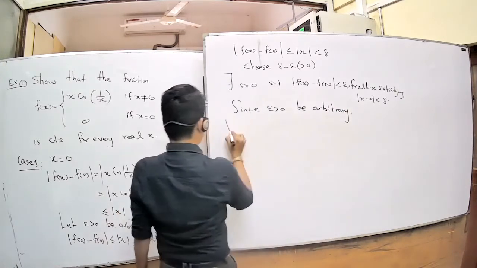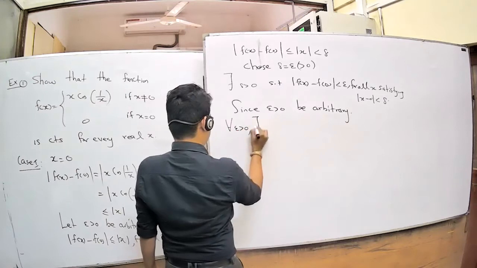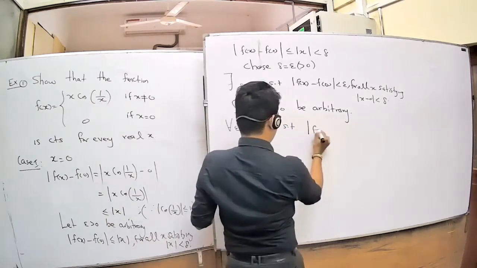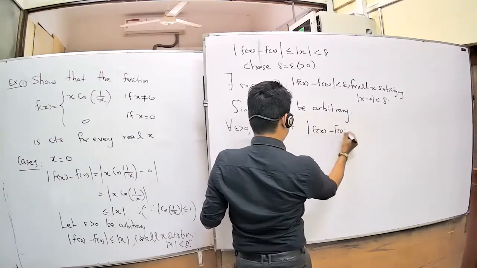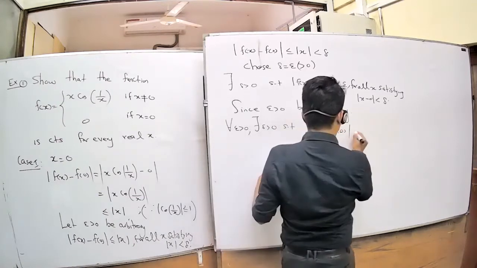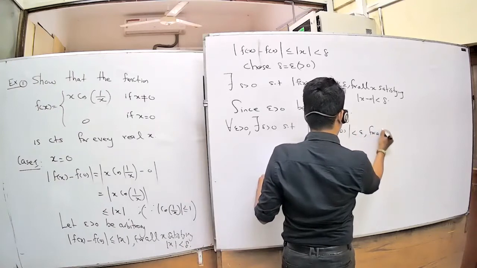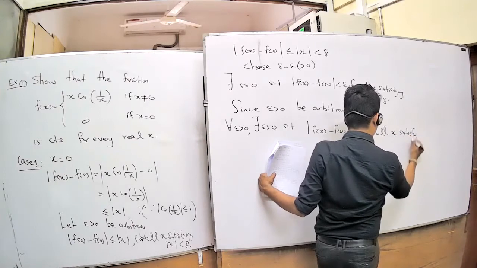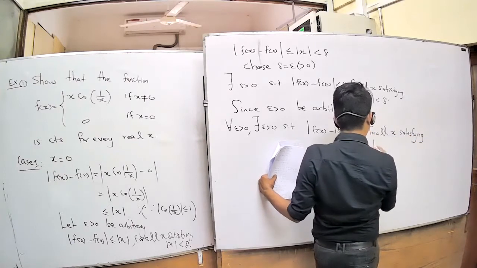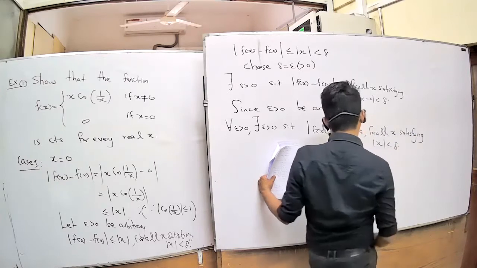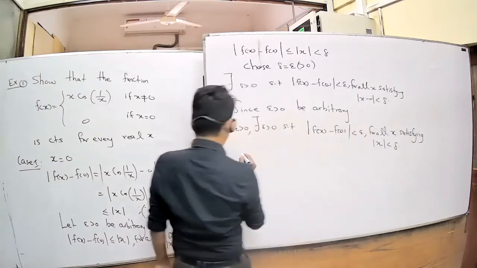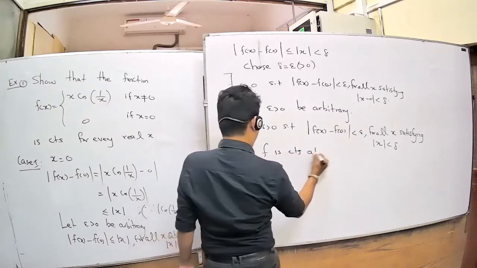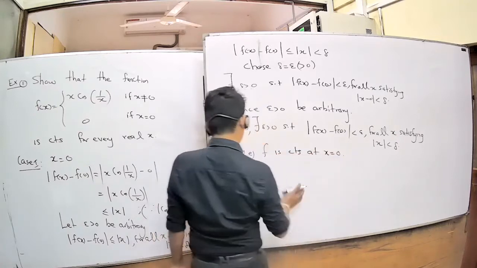Therefore, for all epsilon greater than 0, there exists delta greater than 0 such that modulus of f of x minus f of 0 is less than epsilon for all x satisfying modulus of x less than delta.